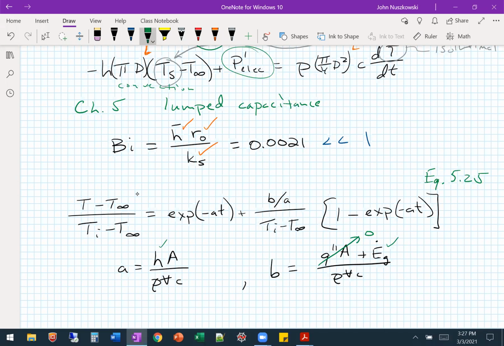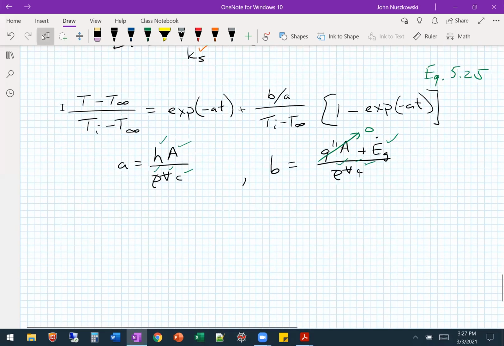Density, volume, area, specific heat, we have all those from geometry and the properties. So we can now solve for time, sorry.